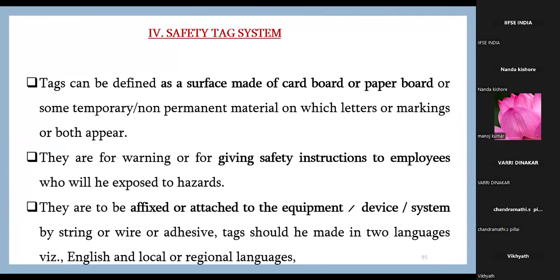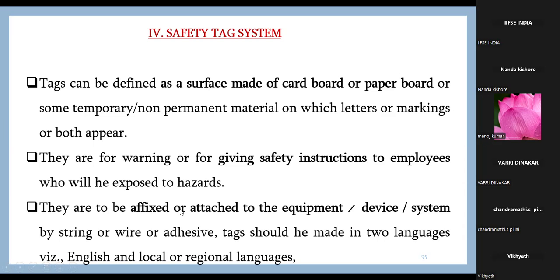I'll continue with the safety tag system. A tag can be defined as a surface made of cardboard or paperboard, or some other temporary non-permanent material, on which letters or markings, or both, appear. This safety tag gives safety instructions to the employees who are exposed to the hazard.